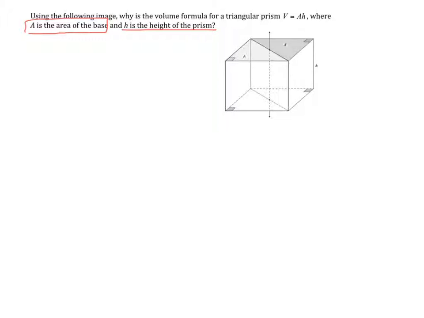Since you have two congruent right triangular prisms together that have a volume described by 2 times capital A times H, the triangular prism has a volume half that value, or just capital A times H.